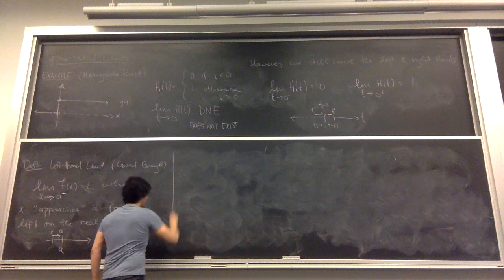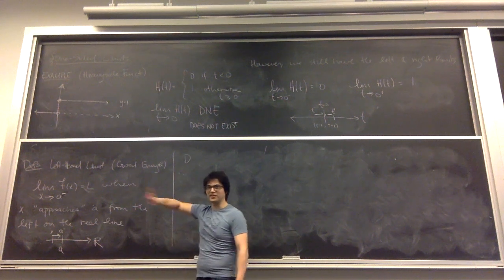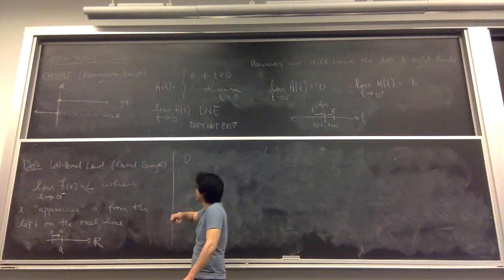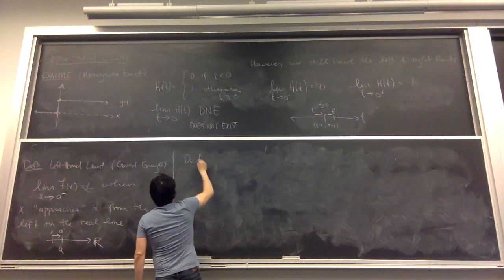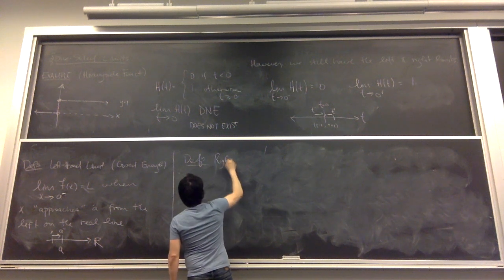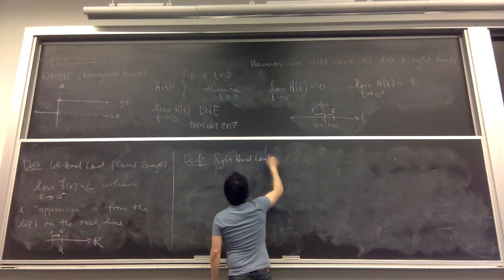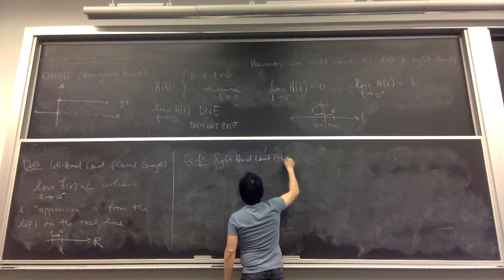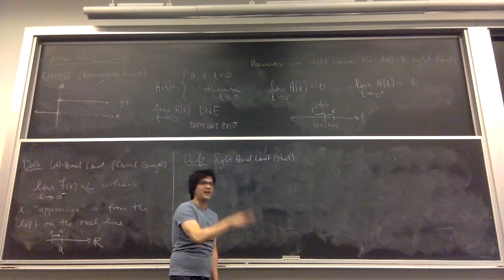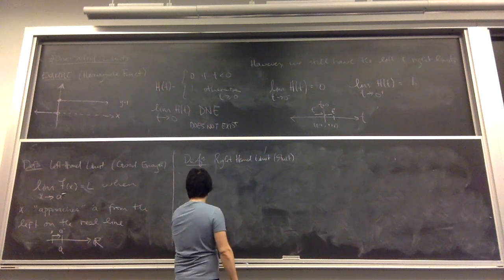So now I'm going to give you the definition. I'm not going to write the right-handed one because it's obviously just change all instances of left to right and minuses to plus. But just for fun, I will give you the definition of the right-hand limit. The strict one, which again, you do not need to understand nor use. I just want to show you once. Okay, so this looks like this.